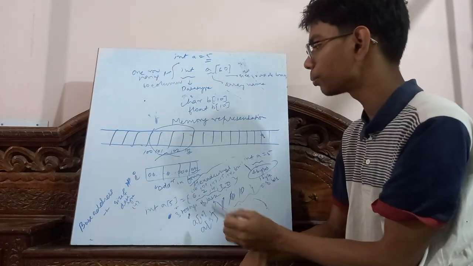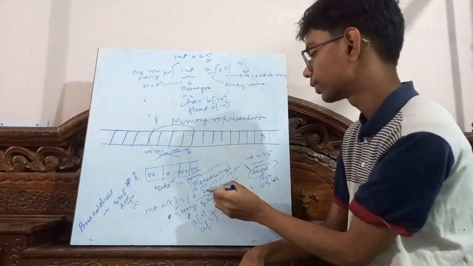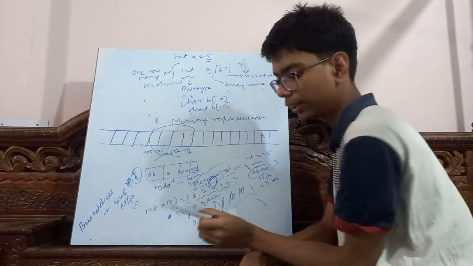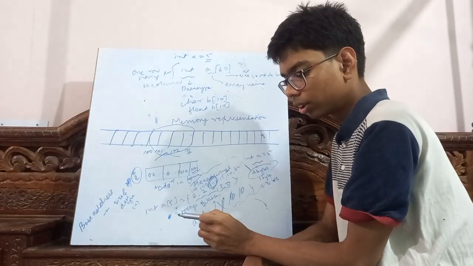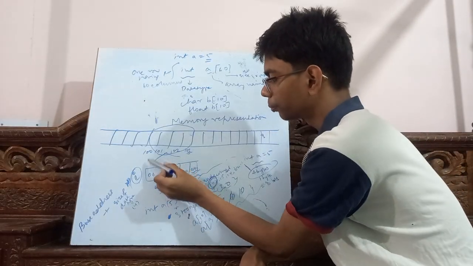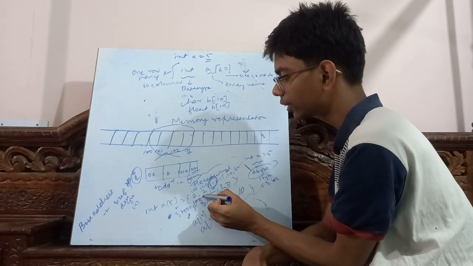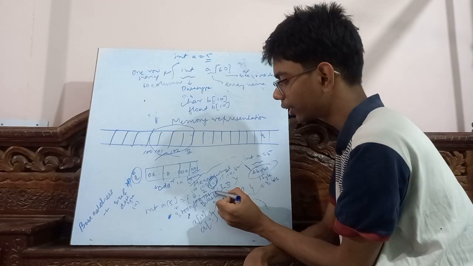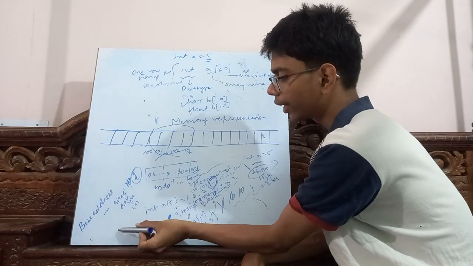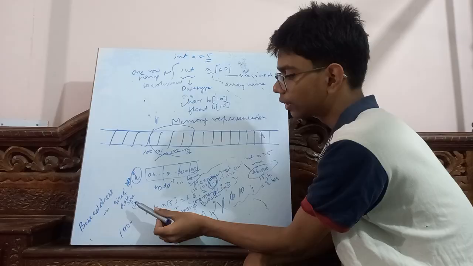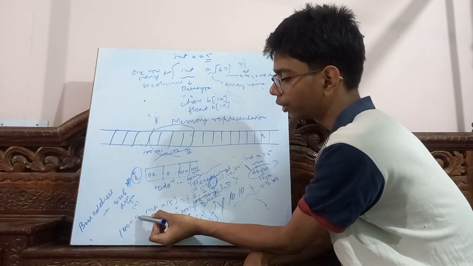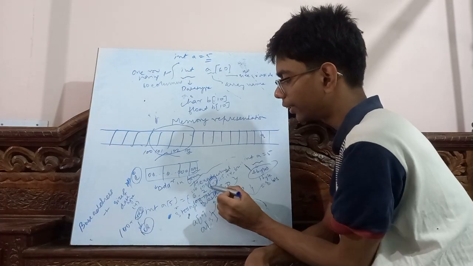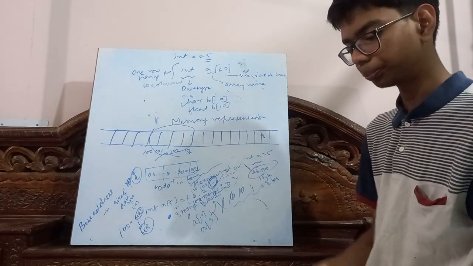Suppose I want to access my element at index 2. Suppose this is at address 100, this is at address 108, this is at address 112. So I will add 100 plus the size of the data type, 4, into the index, 2. So I will get 108, the element at the second index.